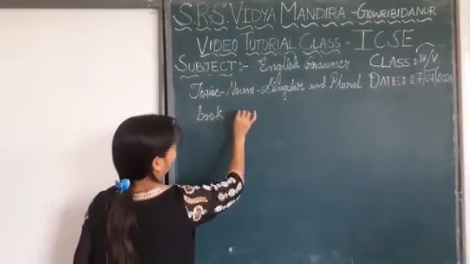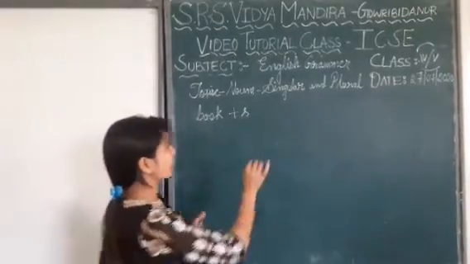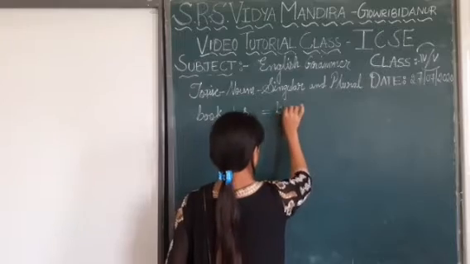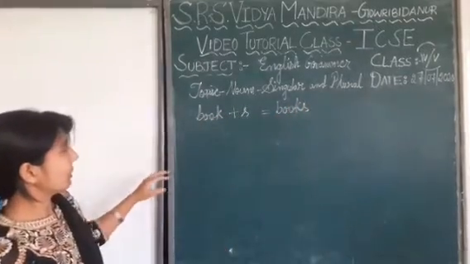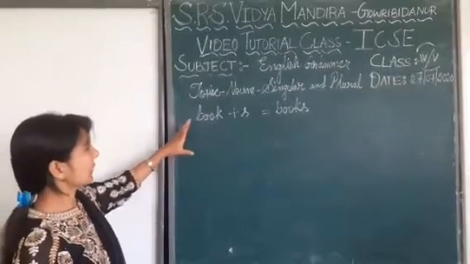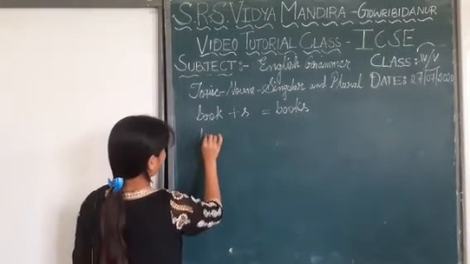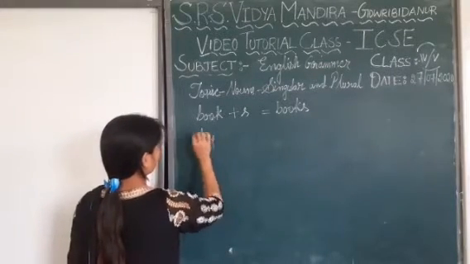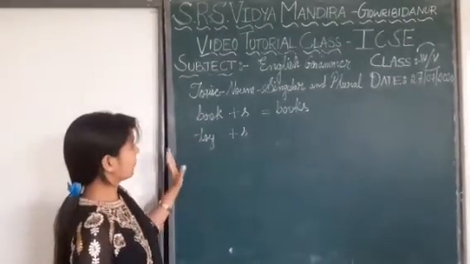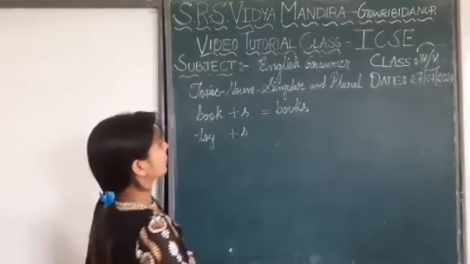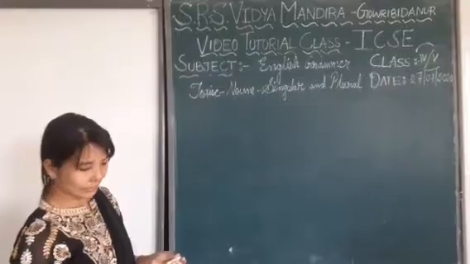Whenever we add s, it becomes books. Similarly, most words take s to change into plural form, like toys. So plus s.